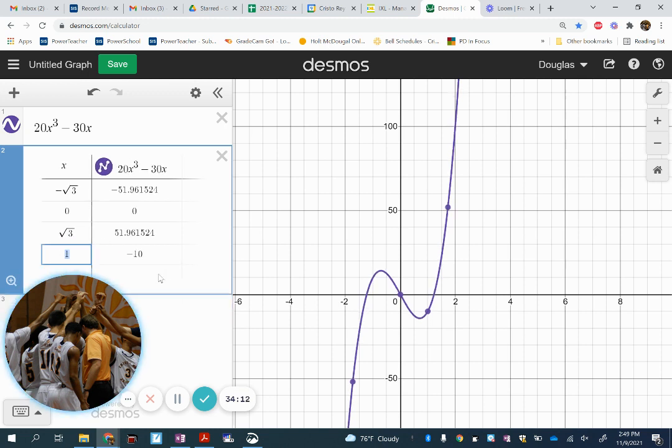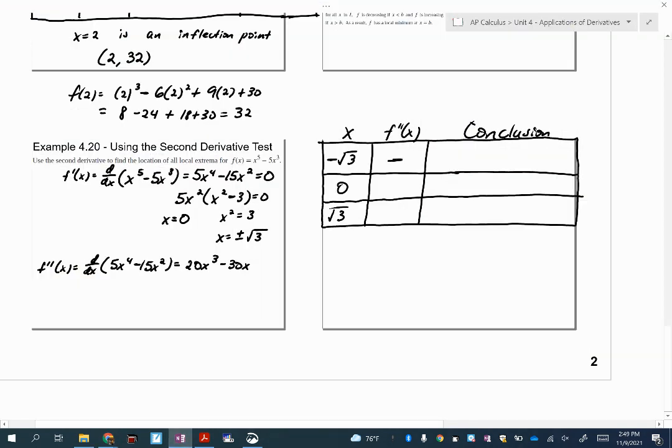All these other ones I can just delete. If I look at the signs here, when I plug in the negative square root of 3, I get a negative value. When I plug in 0, I get 0. And when I plug in the positive square root of 3, I get a positive. So this is a negative, this is 0, and this is a positive.